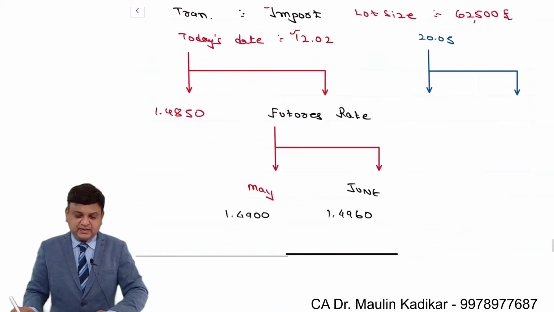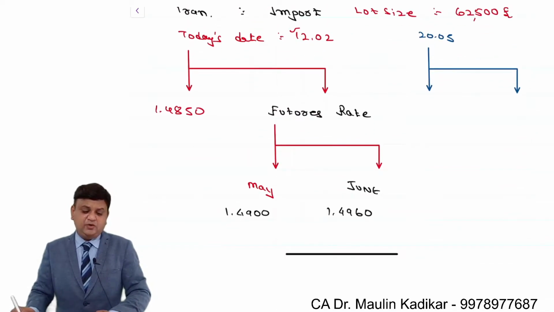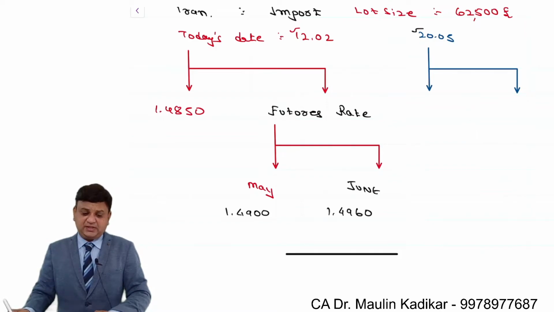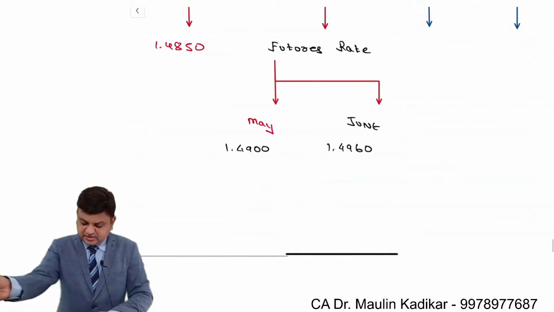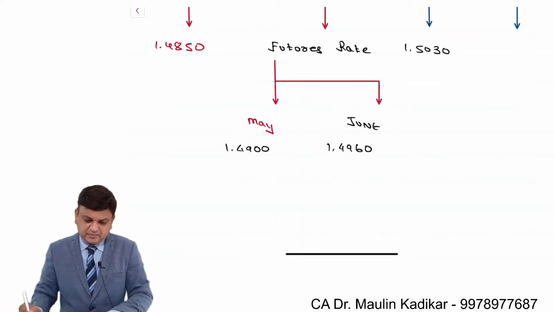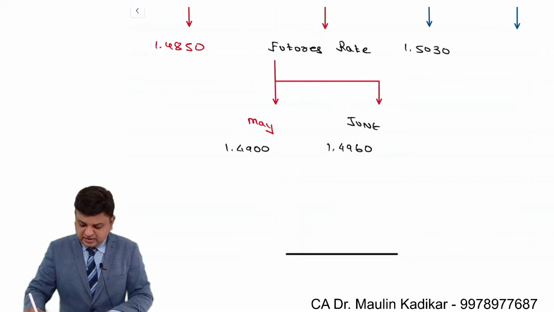The question is providing the information that illustrate how P Ltd can use futures contract to reduce the transaction risk. If on 20th of May, that is the date on which you are required to make payment for the consideration, the spot exchange rate is $1.5030 per pound, and June futures, again the futures contract rate is provided to us.